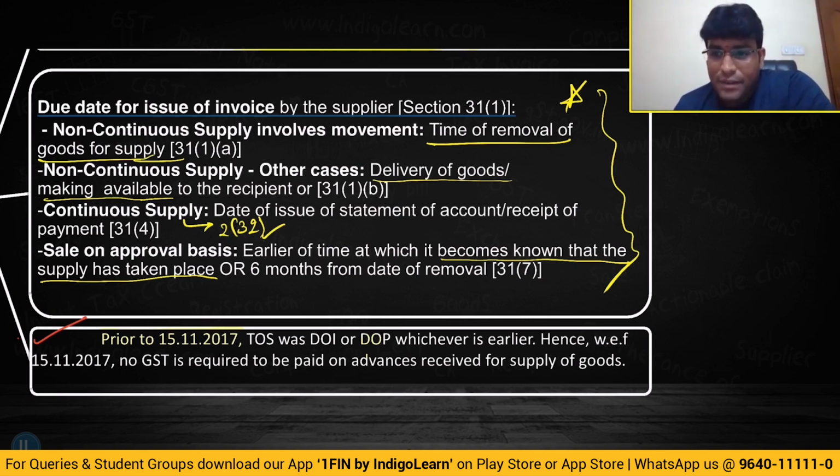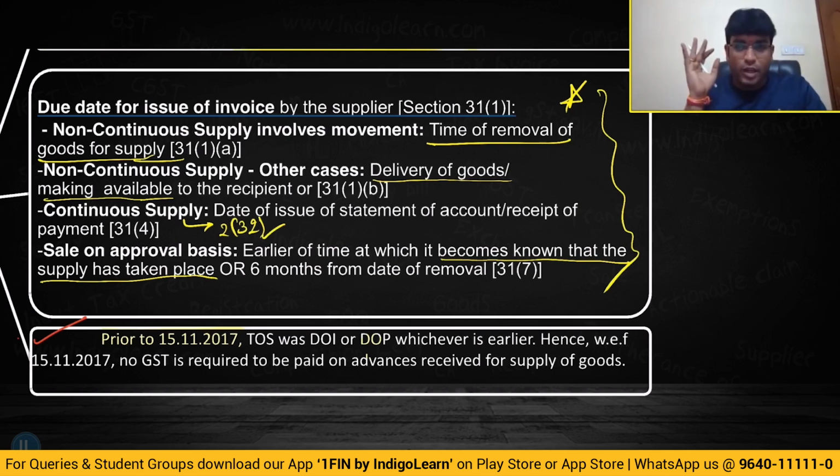Another question. Advance received for continuous supply becomes time of supply. Okay. So let me give a small situation here. Let's say in case of continuous supply, some payment has come. In case of continuous supply, that supplier is required to issue the invoice.